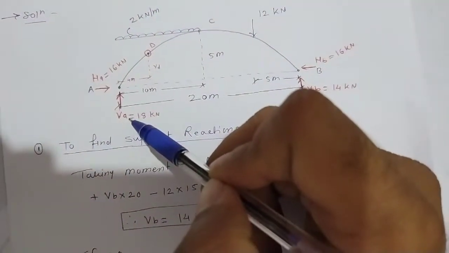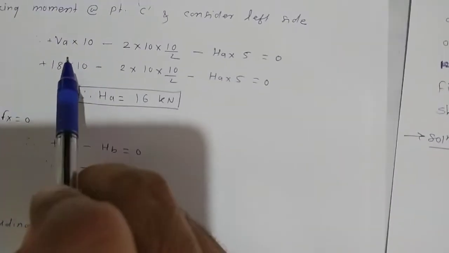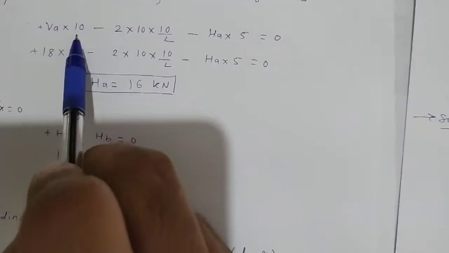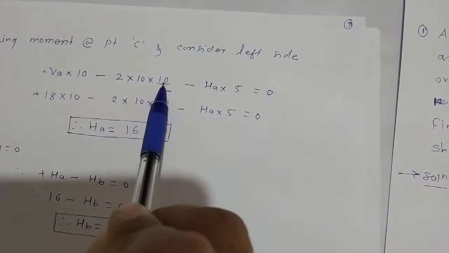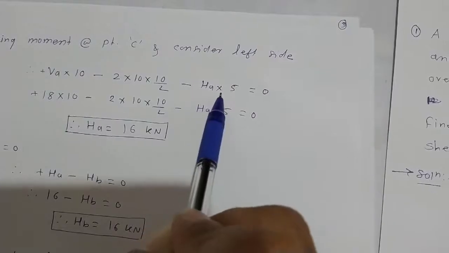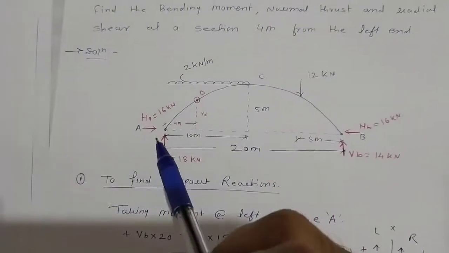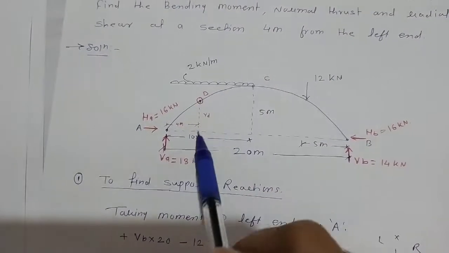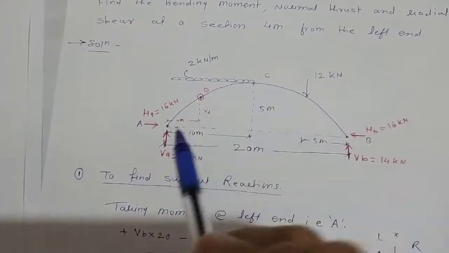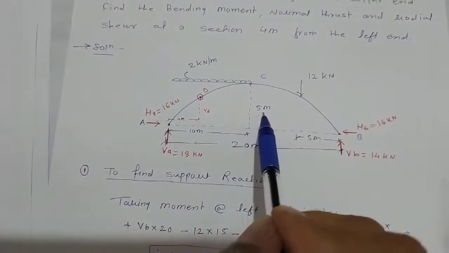So VA into 10 minus 2 into 10 into 10 by 2, minus HA into 5, this is vertical distance 5 meter.